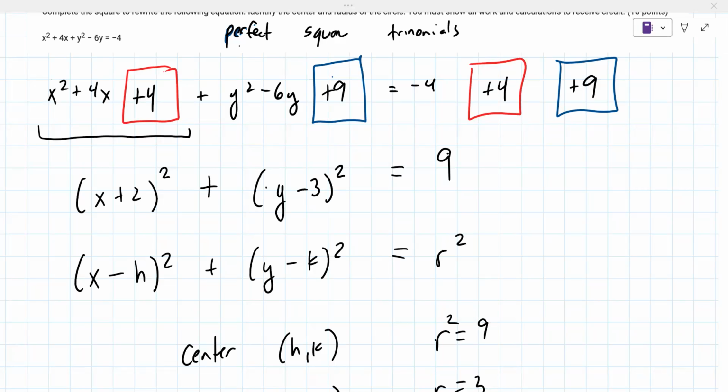And then you get x squared plus 4x plus 4 plus y squared minus 6y plus 9 equals -4 plus 4 plus 9, which the -4 and 4 cancel out, which would give you 9 on that side, and then (x plus 2) squared plus (y minus 3) squared equals 9. So in this case they're asking for the r simplified, which should be 9.